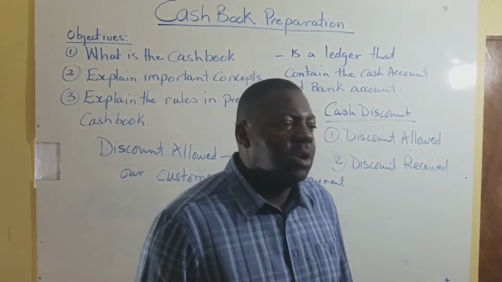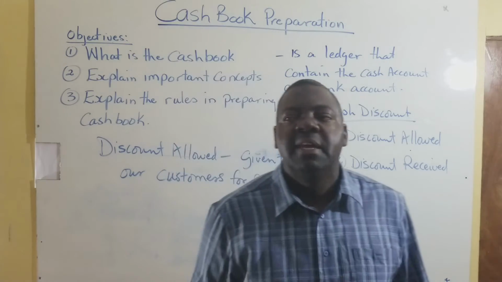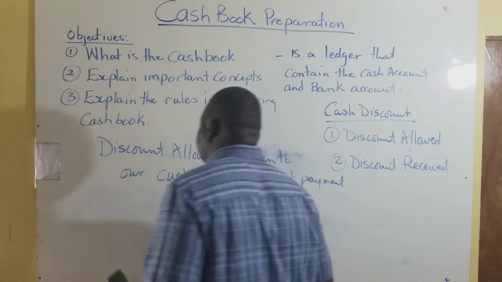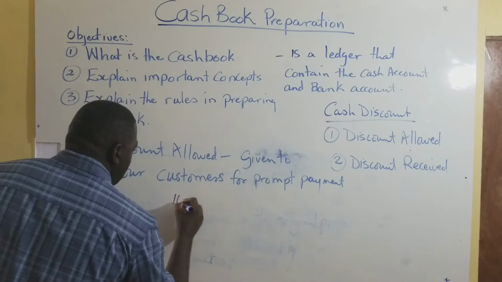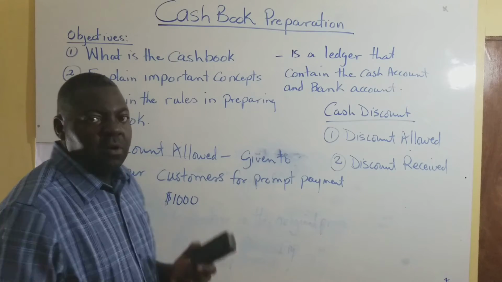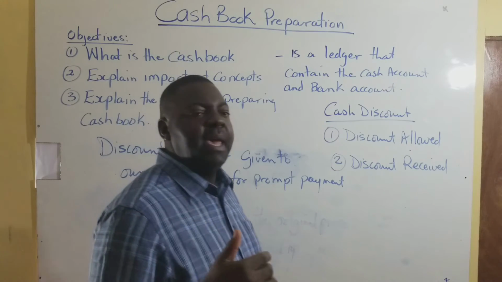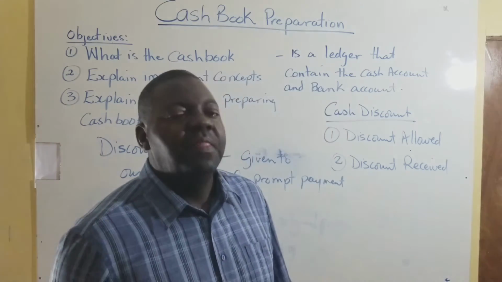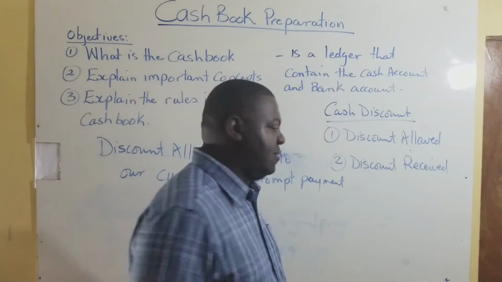So if we had sold the goods for $1,000 and we say, if the customer comes in and pays off for the goods within 10 days, they'll get a 10% discount.